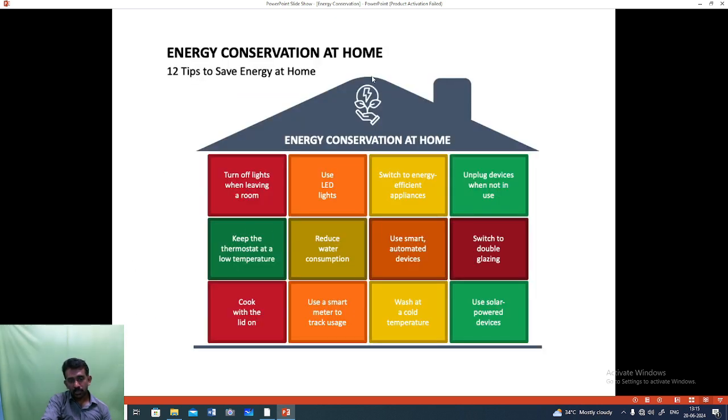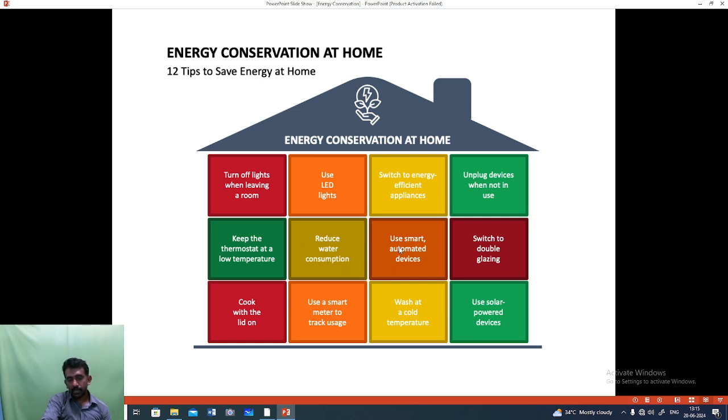So, energy conservation at home: there are basically 12 tips for energy saving at home. Turn off the lights when leaving a room, use LED lights by replacing incandescent bulbs, switch to energy efficient appliances, unplug devices when not in use, keep the thermostat at a low temperature, and reduce water consumption if it is not highly required.